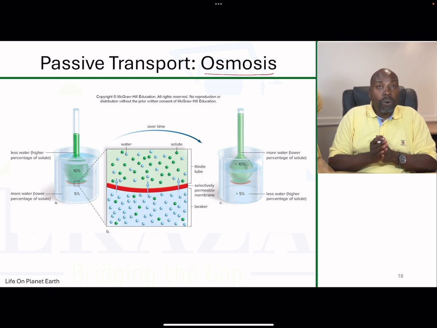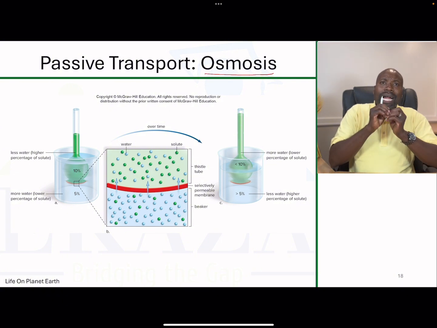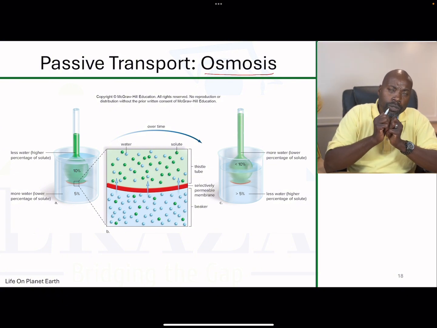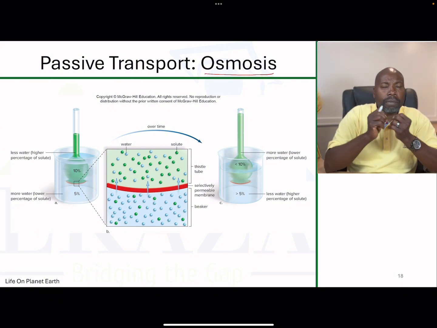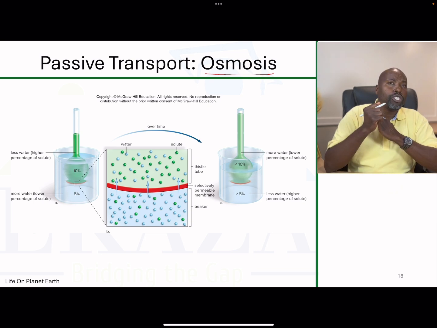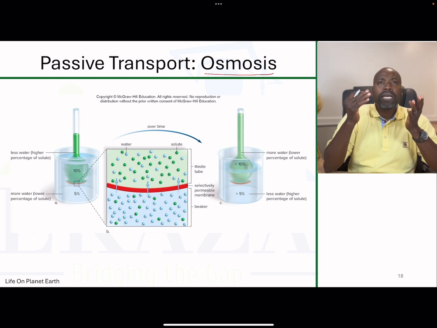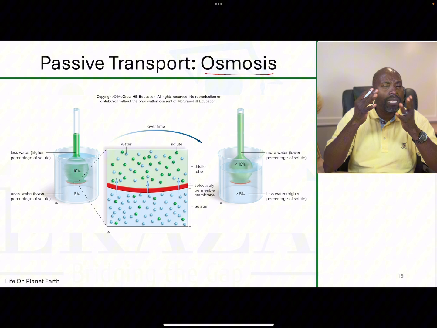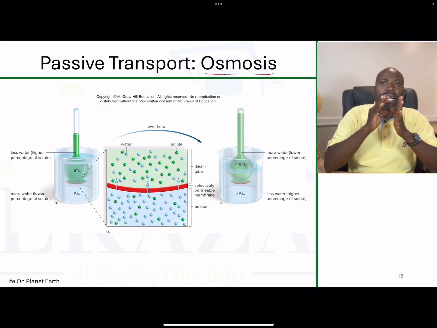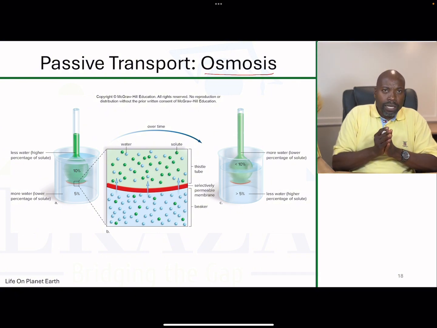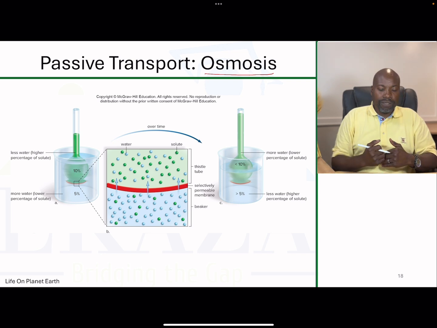So here, we are always going to ask the following question. What is the concentration of the solute? A given solute can be salt, sugar, amino acid, or any other chemical. What is the concentration of that solute inside of the cell versus outside of the cell?